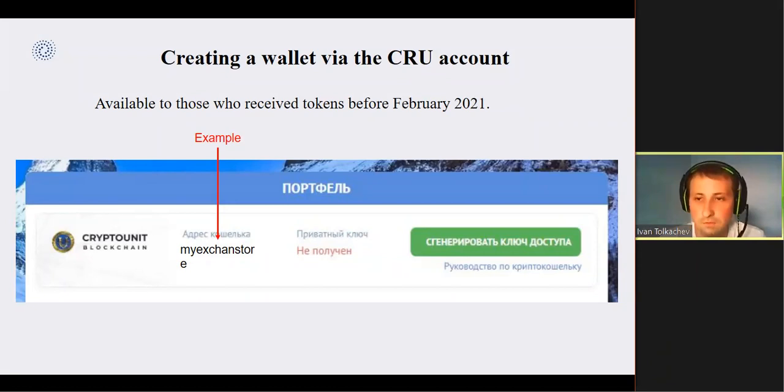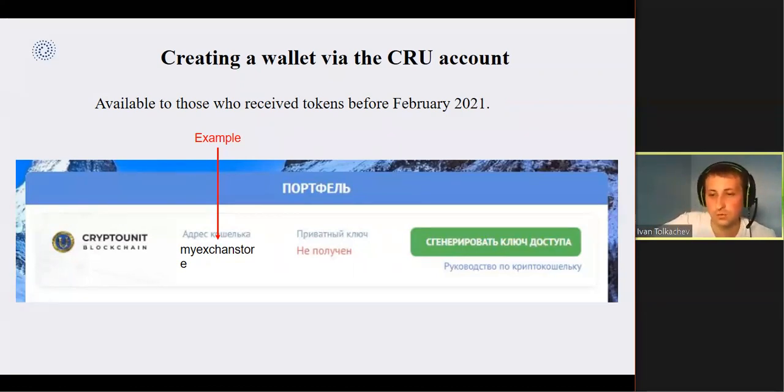It is available to those who received CRU tokens as a gift, as a bonus before February 2021. In the back office, you will find a field, Cryptounit blockchain, with the address of the wallet, and there is a button. The key is not generated. Your tokens are already on blockchain at this address, but to get access, you are to generate a seed phrase.